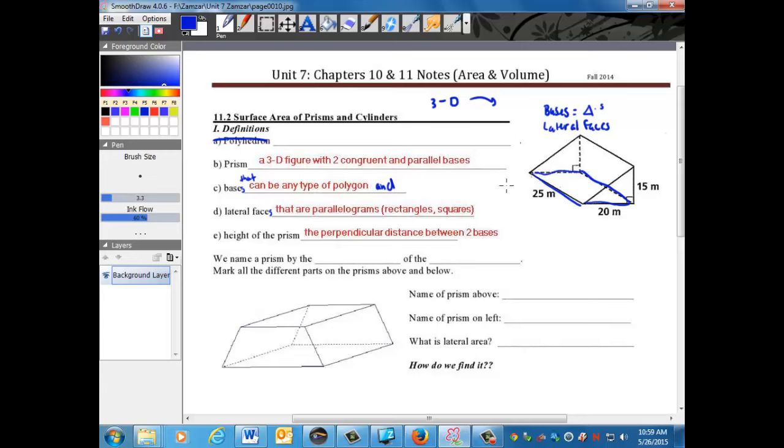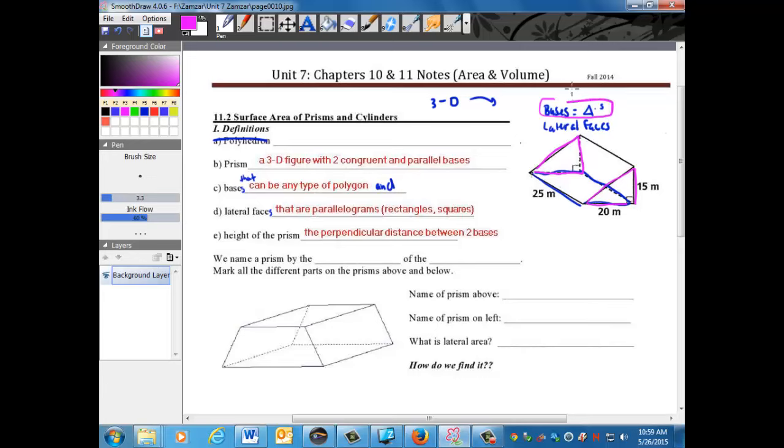But when we deal with 3D shapes, we have to be able to flip shapes around. So when I look at these two triangles, and they're both right triangles, here's one and here's our second one, these are actually our bases. Even though the shape is not sitting on these two triangles, they are in fact our bases.